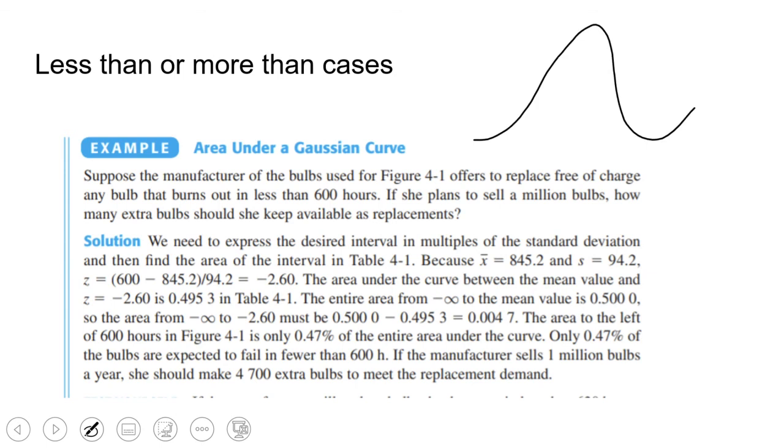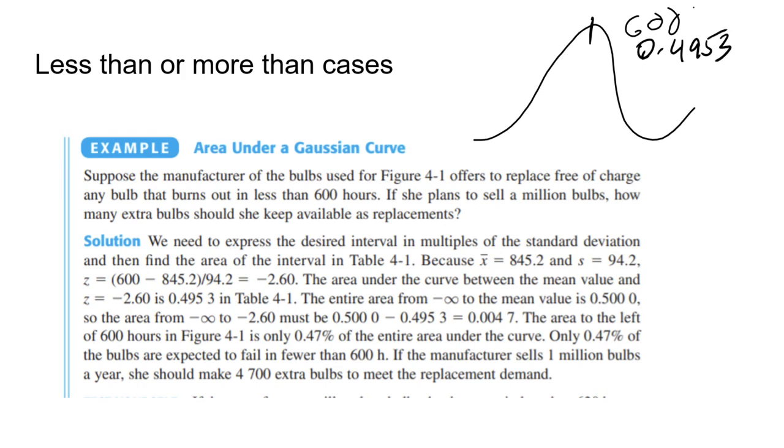What they're telling you is not right here at the dead center. If it's at the dead center, it's going to be that 0.4953, but that's not the problem. They're asking you what's down here.